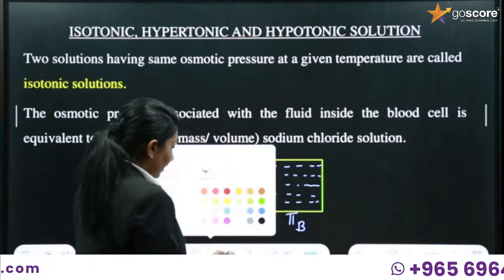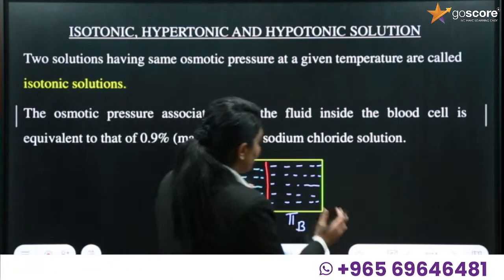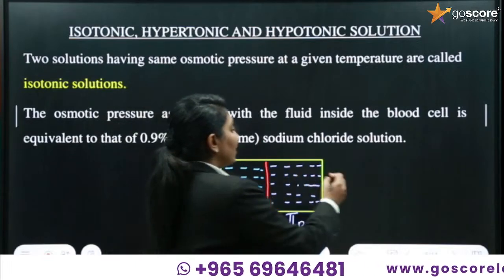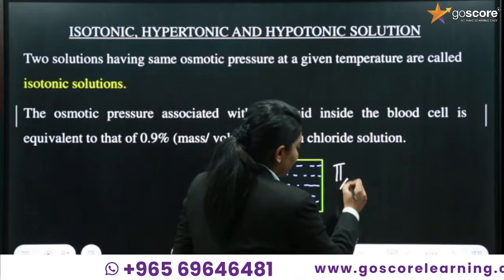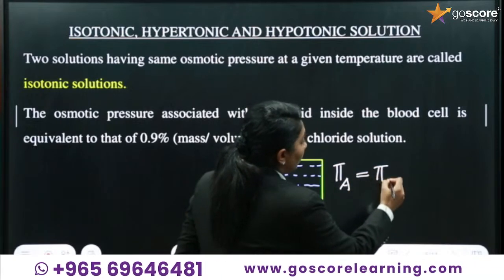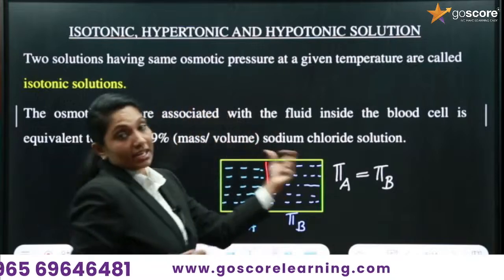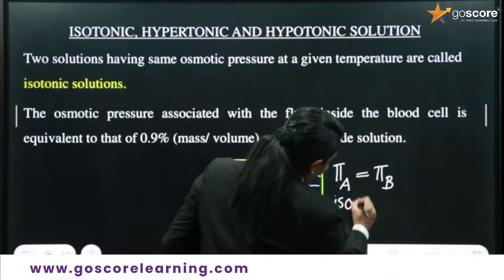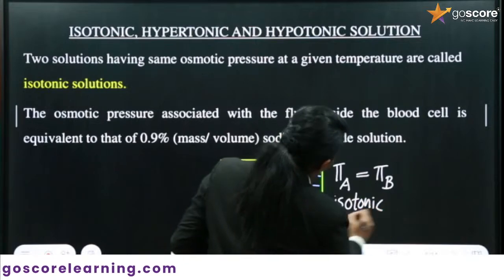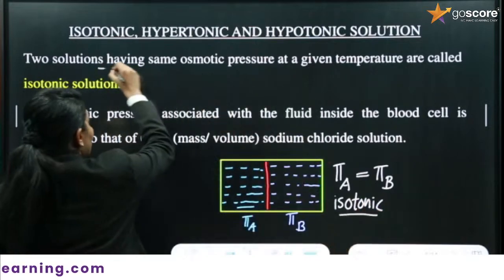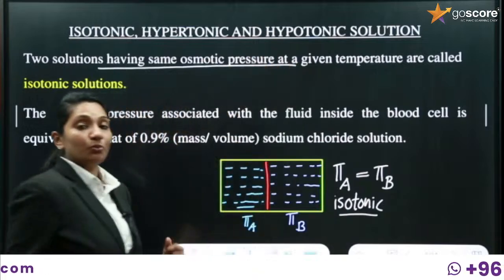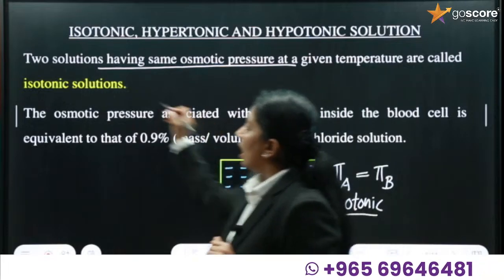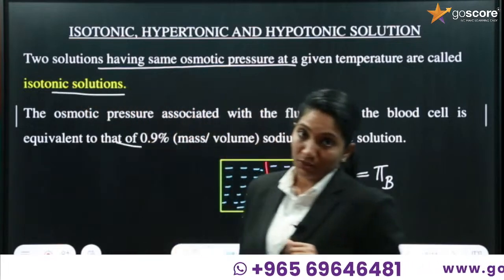Now see, if the two solutions separated by the semi-permeable membrane have the same osmotic pressure, if pi A is equal to pi B, then these types of solutions are called isotonic solutions.